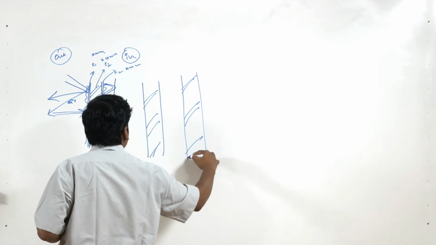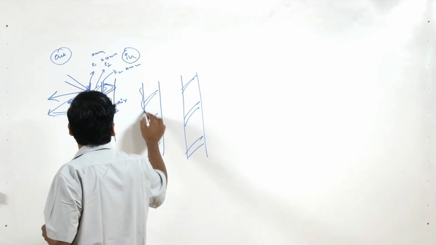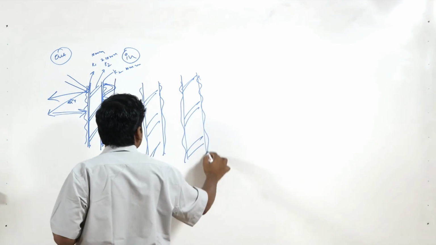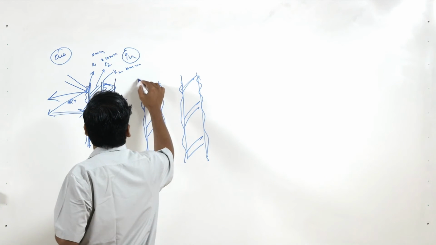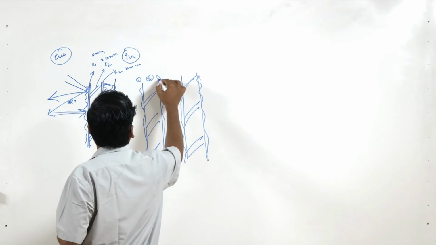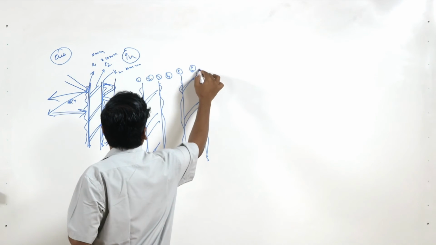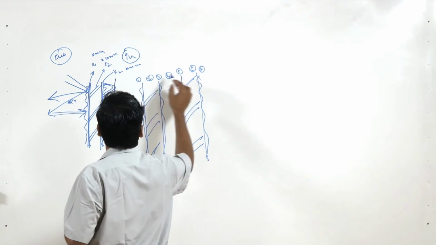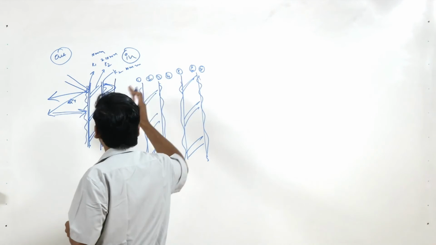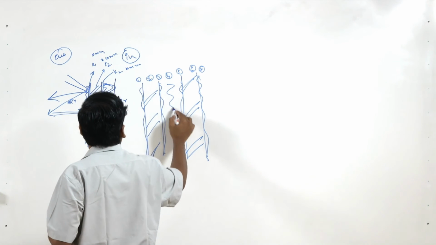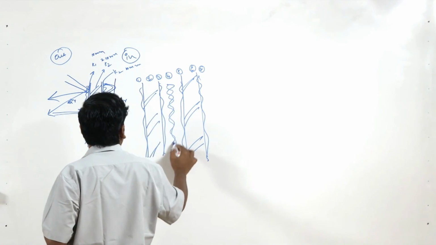Now what happens? You have an air film, there is a third thing here. So this is layer 1, layer 2, 3, 4, 5, 6 and 7. So the heat transfers through 7 different layers. Now let us introduce a thermal insulation here.